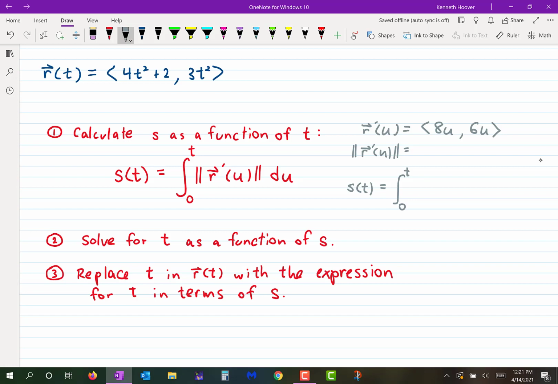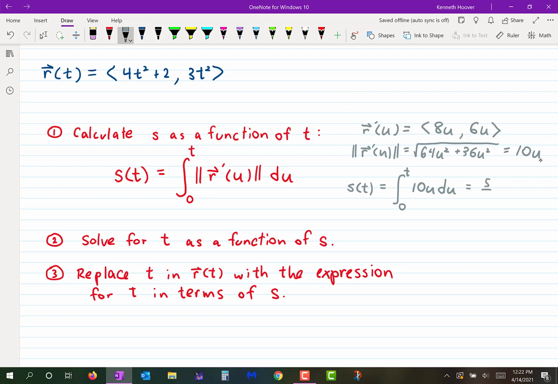So the magnitude of r prime of u would be the square root of 64u squared plus 36u squared. And what's that going to give us? It's going to be 10u. So we integrate 10u du from 0 to t. What's that going to give you?